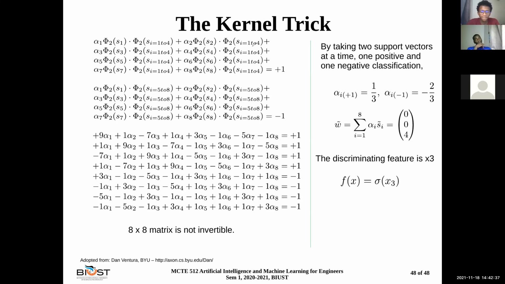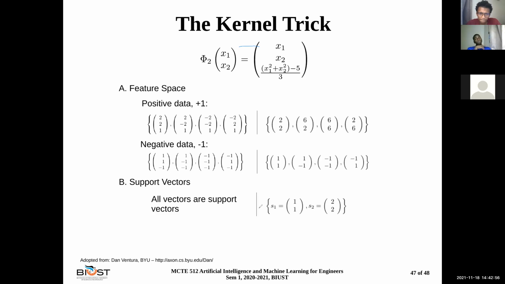I cannot remember now why this index is 1 to 4, and this index is 1 to 8. I remember, 1 to 8 is because these are all the data points. Here you say all the points are support vectors.